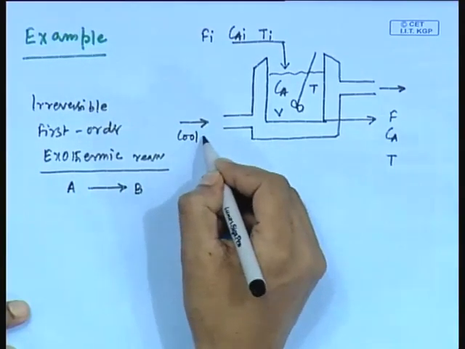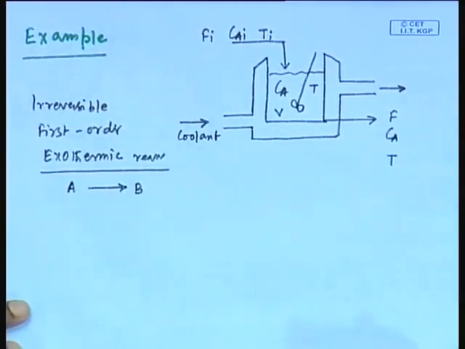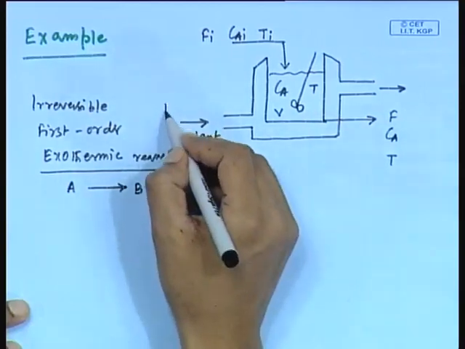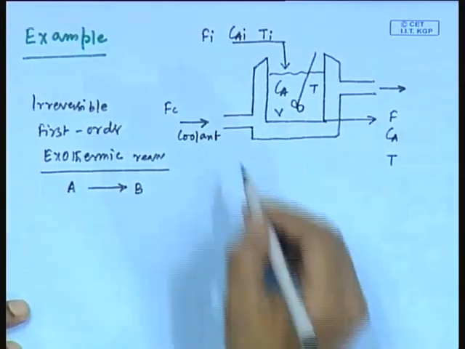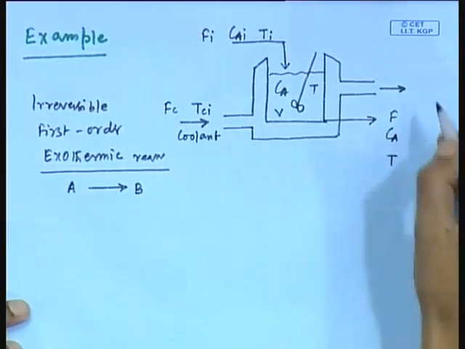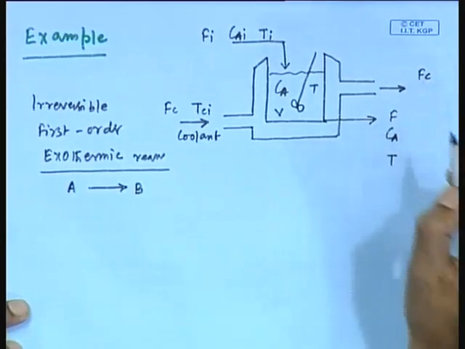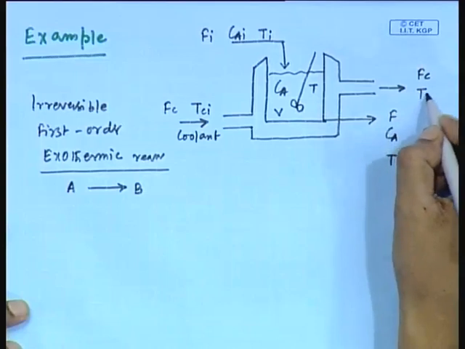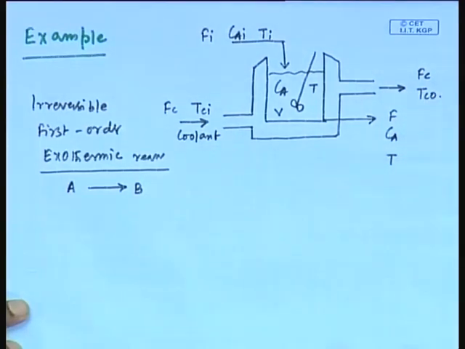So, to remove the exothermic heat from the reactor, we need to introduce a coolant stream in the jacket. So, this is basically a coolant which has a flow rate of suppose Fc and temperature Tci. The coolant is coming out at the same flow rate Fc and temperature Tc naught. Fine.